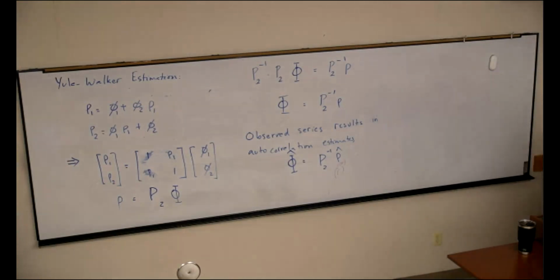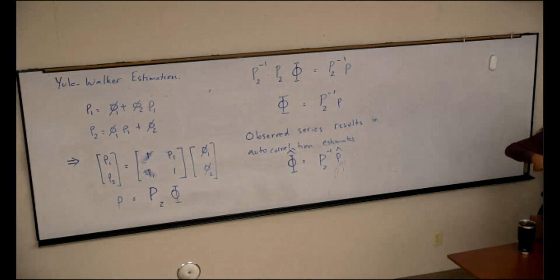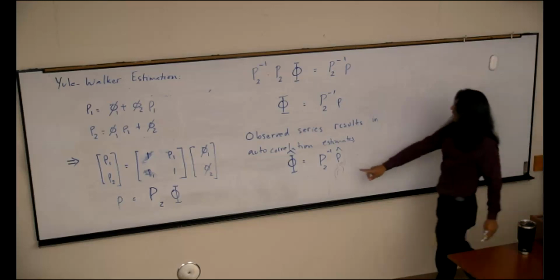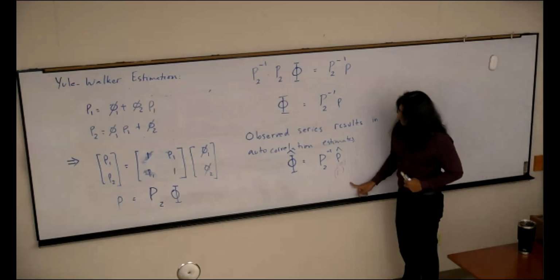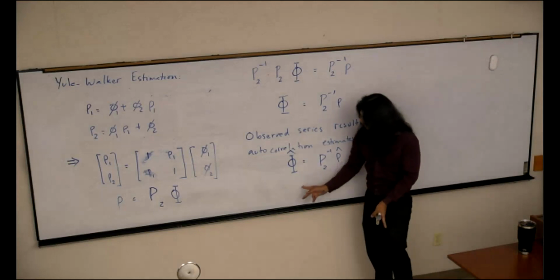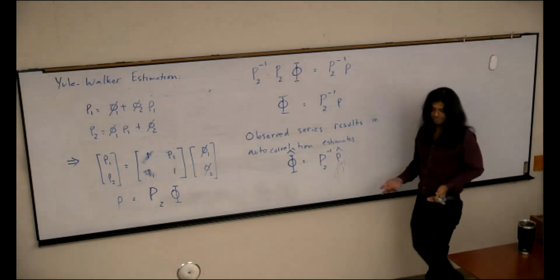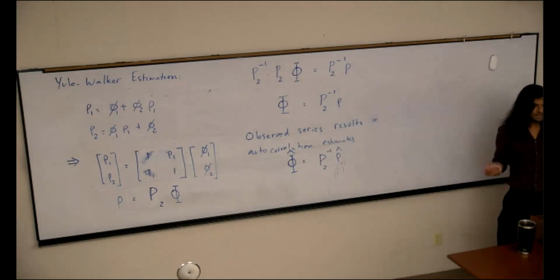Similar to how we denote the estimate of mu as x bar, but the estimate of mu can also be written as mu hat, because it is an estimate. So the estimate of the autocorrelations that we are going to get from the observed series, the estimate of the coefficients, and we are set.